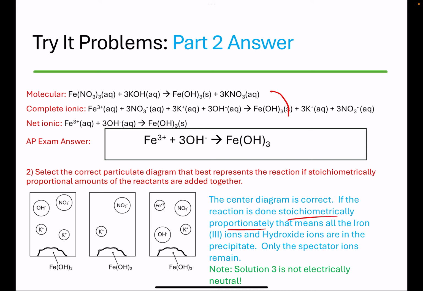That means that all the iron ions and hydroxide are precipitated, and only the spectator ions remain. And one of the things is that they're not electrically neutral, so you do want to make sure the charges add up. So that might give us another clue for which one is the real deal.